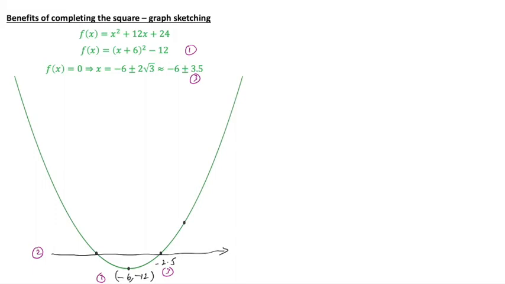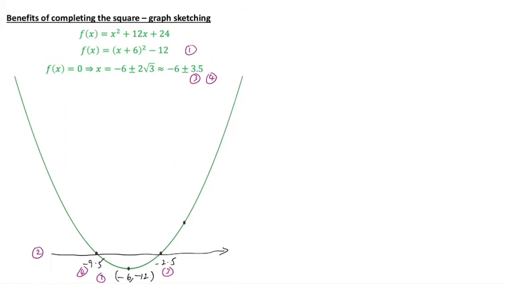Roughly that is 3.5, so we can add 3.5 to minus 6 to get minus 2.5, and we can subtract 3.5 from minus 6 to get minus 9.5. So that gives you the values rounded off for the intercepts there, or the roots.